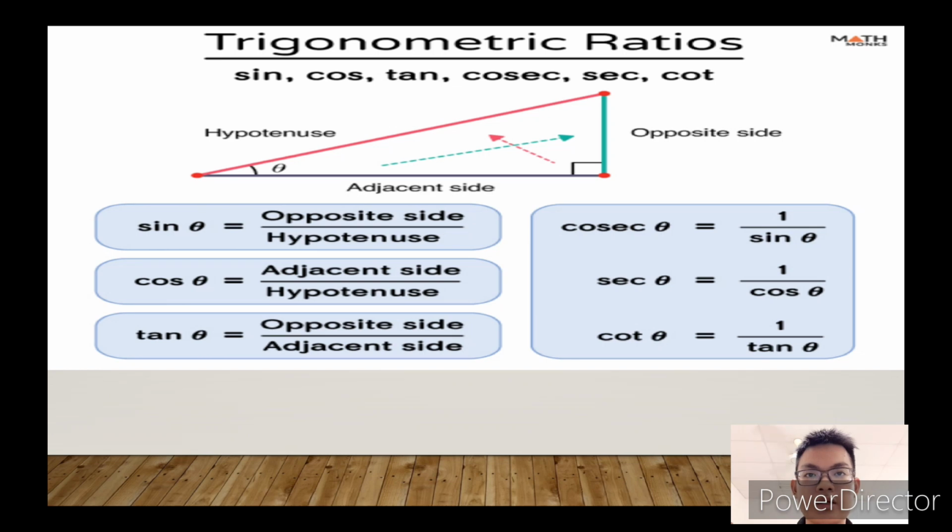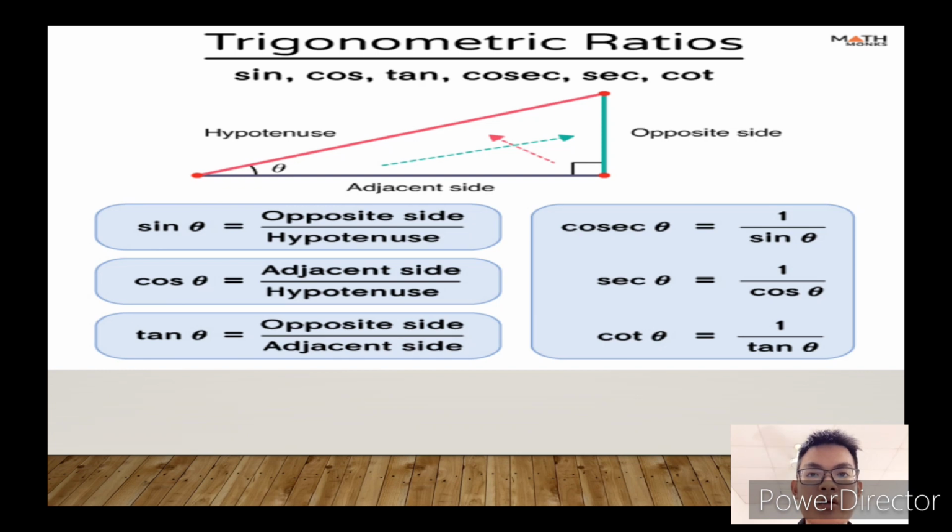Then we can see about the trigonometry ratios. We also have sin, cos, tan, cosec, sec, cot. For the formula, sin is opposite per hypotenuse. For formula cos is adjacent side per hypotenuse.